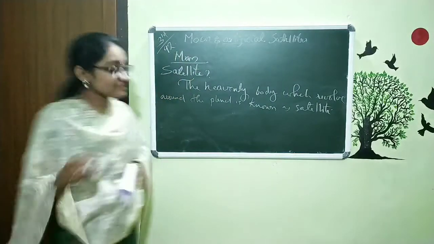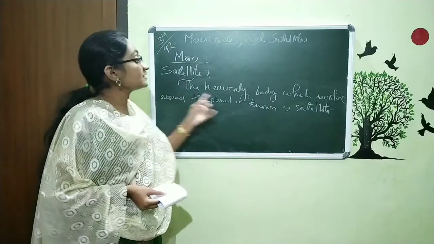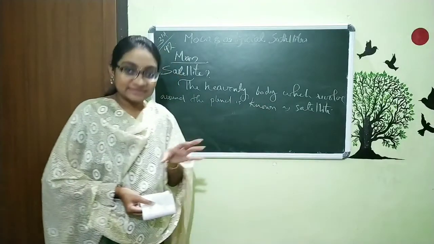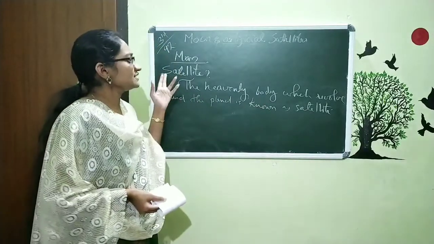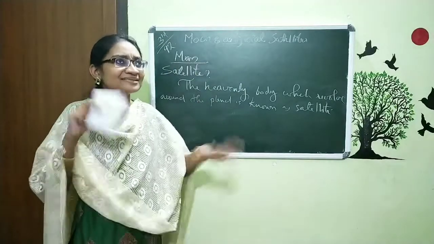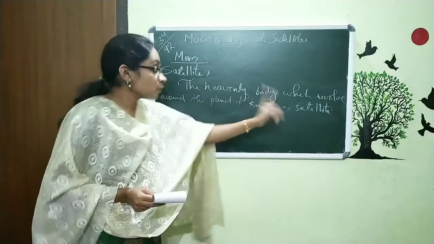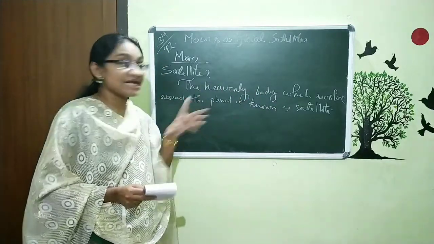So the thing is this, the heavenly body which revolves around the planet is known as a satellite. Very simple. So what is a satellite? The heavenly body. Heavenly body means the huge bodies that are moving through our sky and all. So the heavenly body which revolves around the planet.